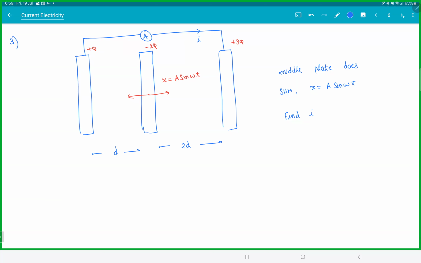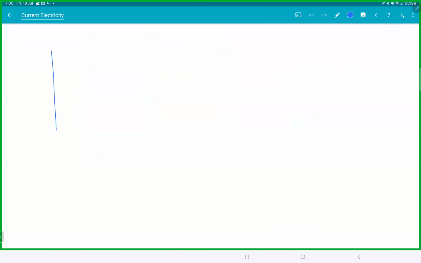How would we start? First, do you guys remember how to distribute the charge?